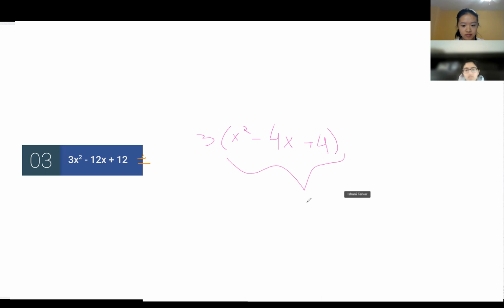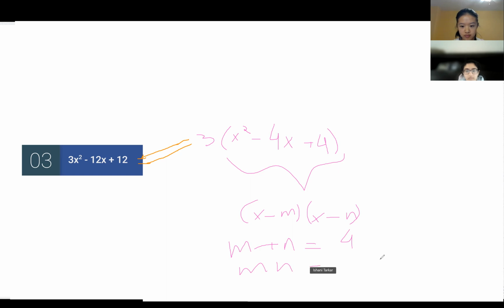So we will get 3 multiplied by, and then we know that this is in the form x minus m times x minus n, right? Then we would have m plus n equal to 4, and m times n equal to 4, right?